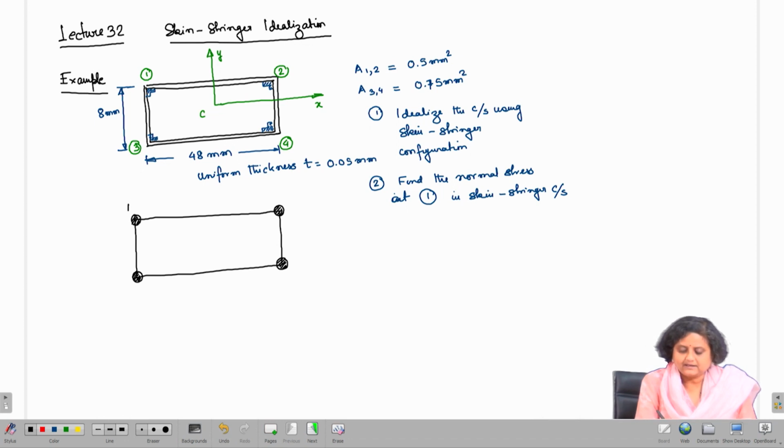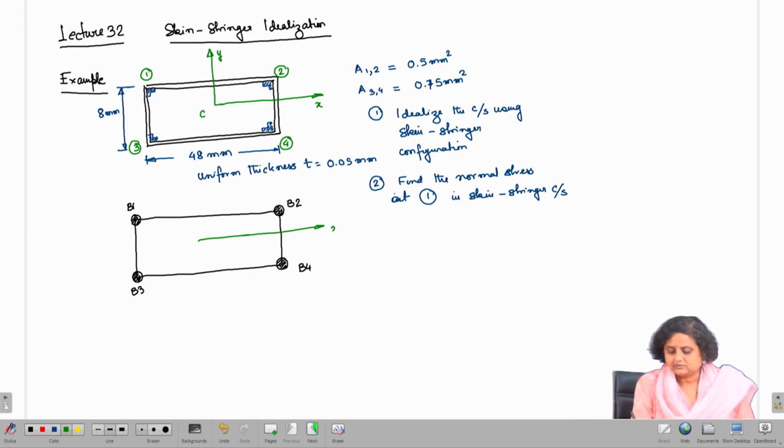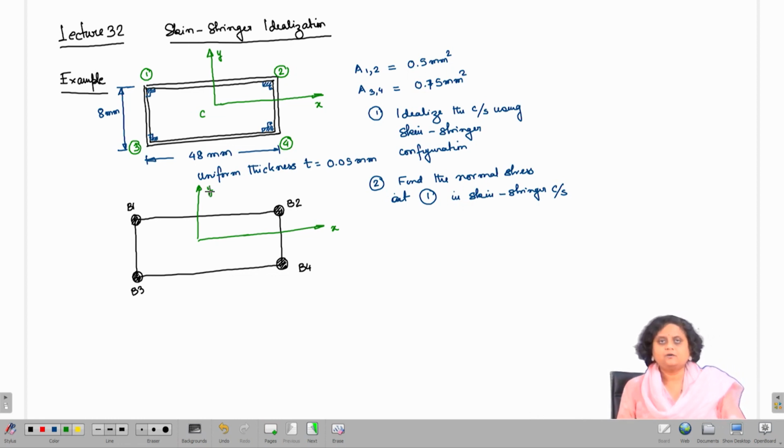So, let the area of boom at 1 be B1, the area of boom at 2 is B2, this is B3 and this is B4. Let me draw the XY axis. This is the X axis and this is the Y axis. Now, since the areas of the top 2 stringers are different from the areas of the bottom 2 stringers, there would be an asymmetry in the cross section about the X axis.